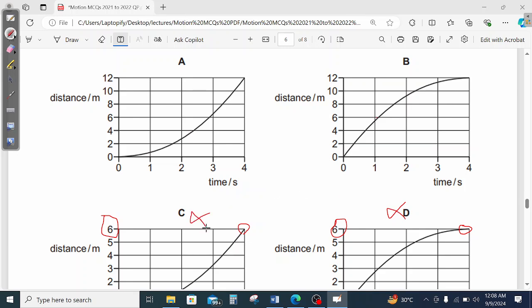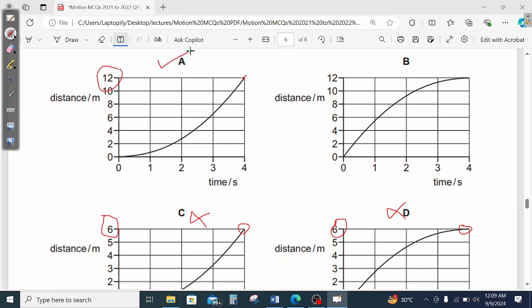Okay, you have to use your IQ level here. In option A, you can see the curve is moving up, vertically upward. It means the speed of your car, of your object, is increasing, and the distance is 12 meters.